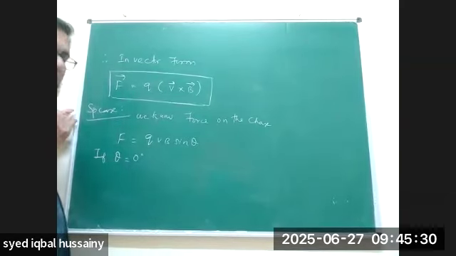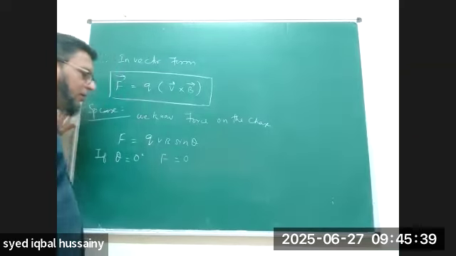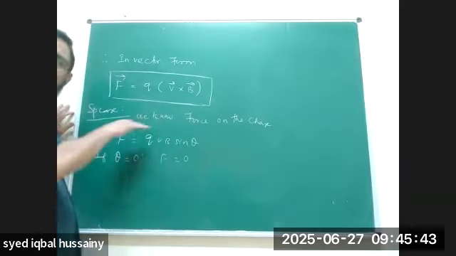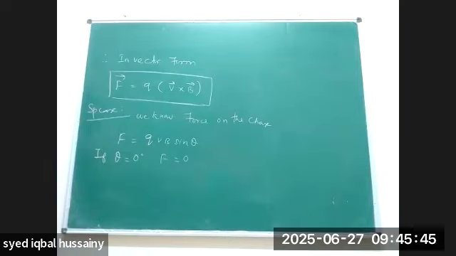Yes, bachcho, tell me the answer. Force is 0. Very good. So first case, if theta equals 0 degree, that is parallel, meaning the magnetic field and the moving charge are parallel. Theta was 0, so the first case is over. Second case.